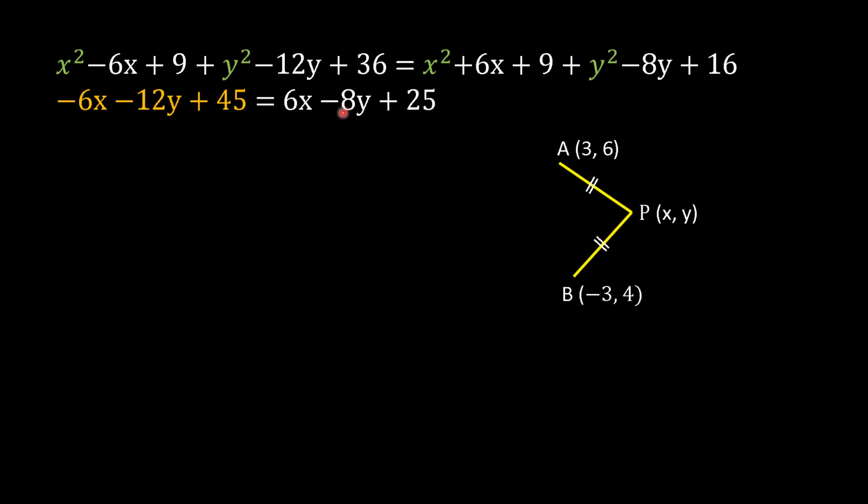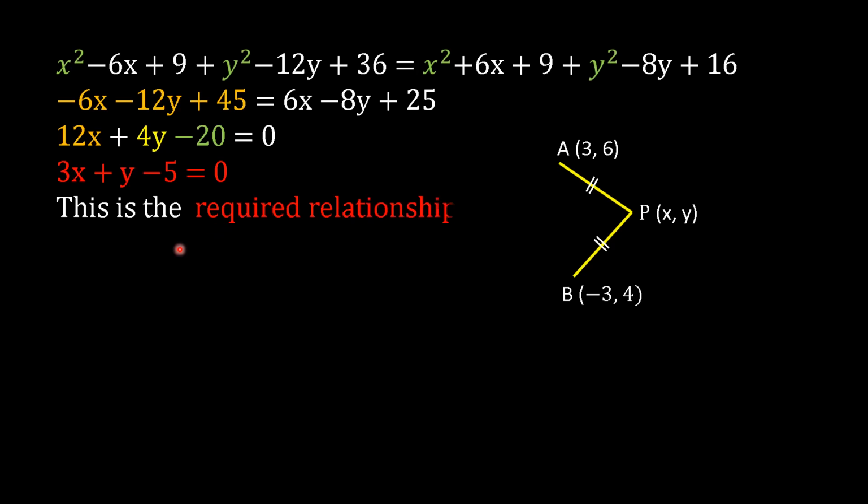Here, this 6x minus 8y and 9 plus 16 is 25. Next, 6x plus 6x will be 12x, minus 8y plus 12y will be plus 4y, and 25 minus 45 will be minus 20. So we get 12x plus 4y minus 20 equals 0. We will divide throughout by 4 and get 3x plus y minus 5 equals 0. And this is the relationship between x and y that we have to find.